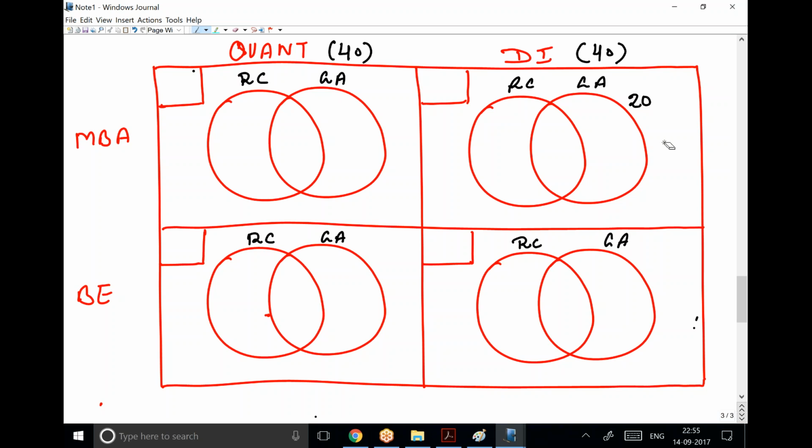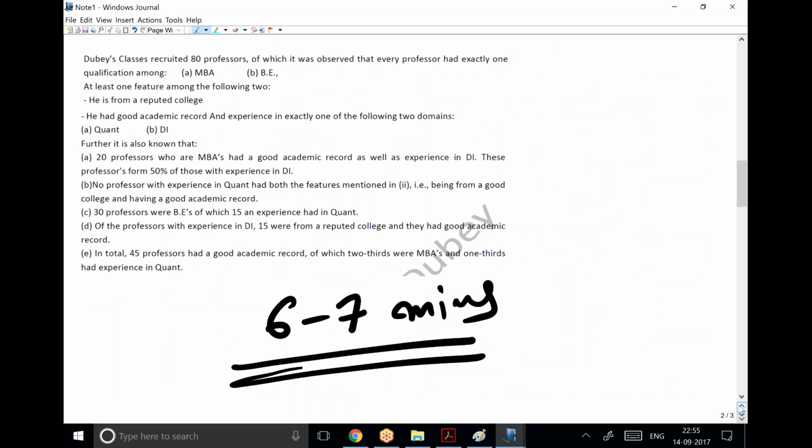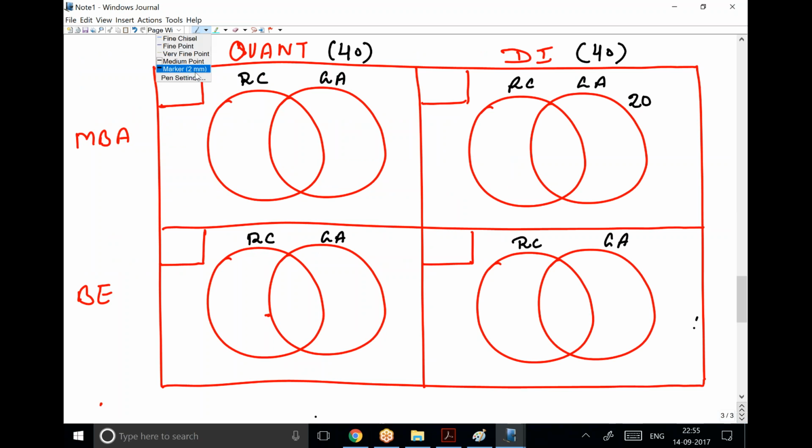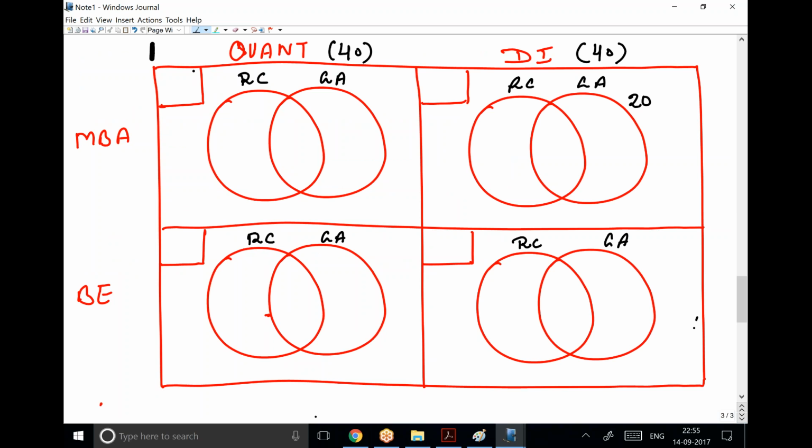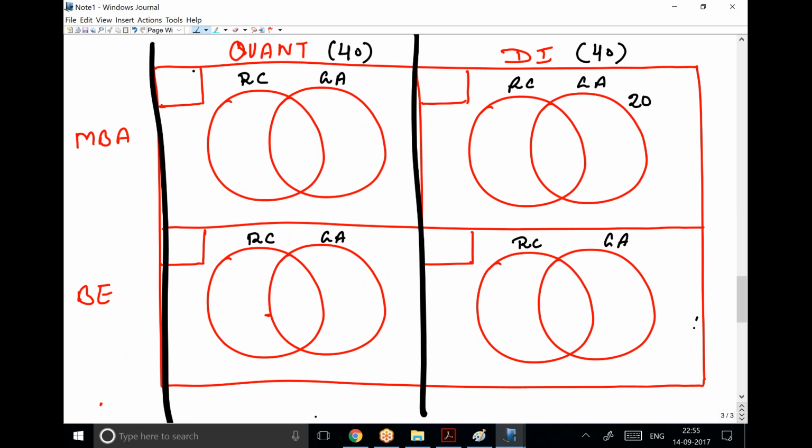Now if you move further and see other information, it is given to us in information B: no professor having experience in quant had both the features. That means being from a good college as well as having a good academic record. So what exactly are they talking about? If you talk about quant here, the professors who are having experience in quant, they're talking about this particular box.